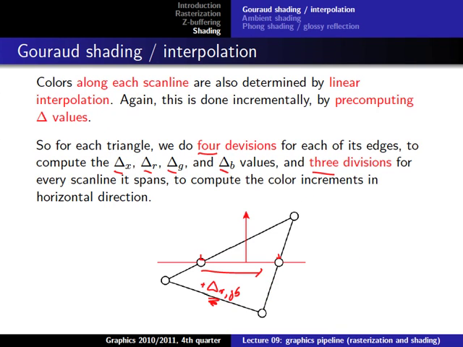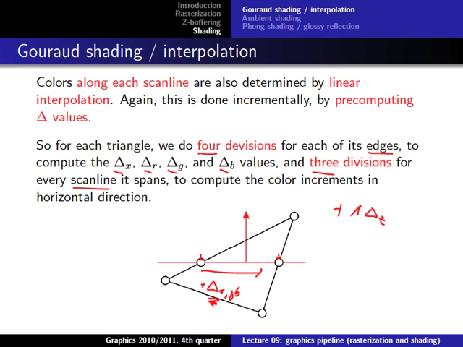Plus we need 1 delta for the z-buffer, so we have another division here. But we have to do this for each edge and for every scanline, and not for every pixel. So you can imagine why this is much more efficient than calculating the pixel values individually. So this is pretty straightforward.